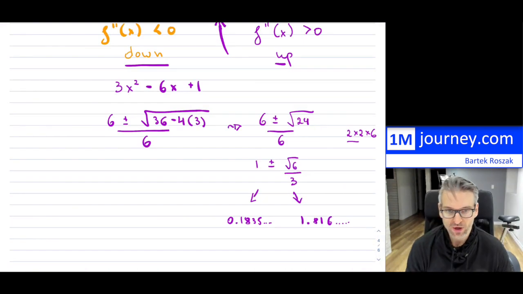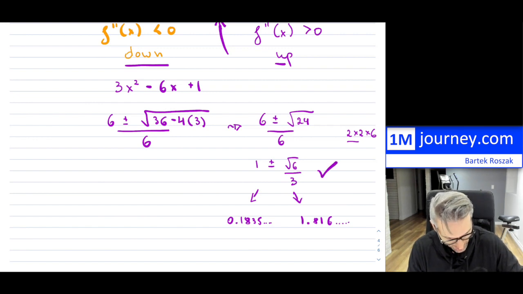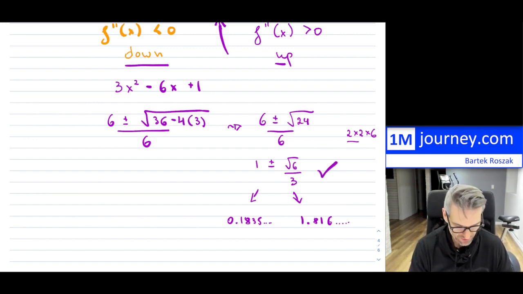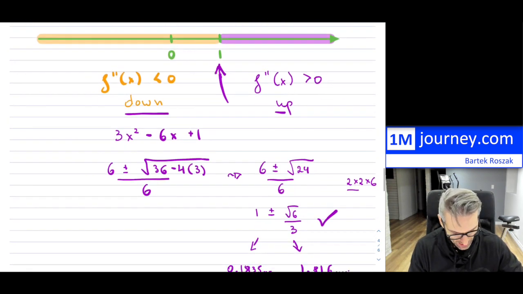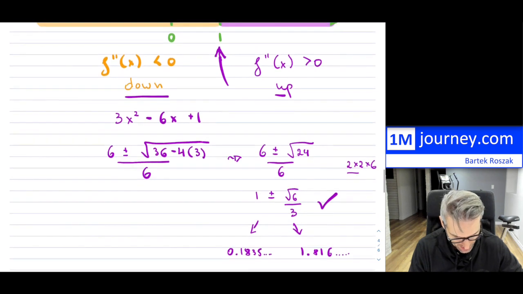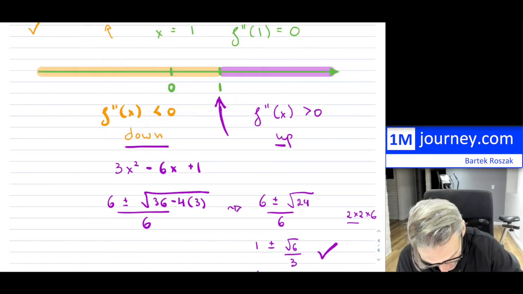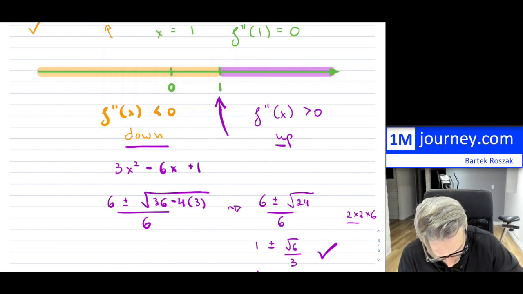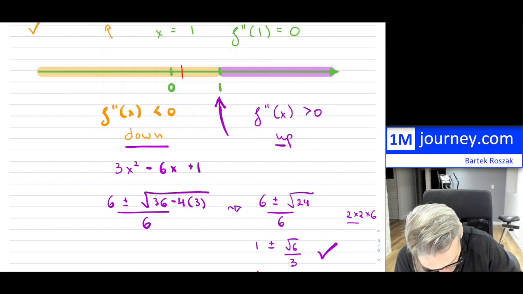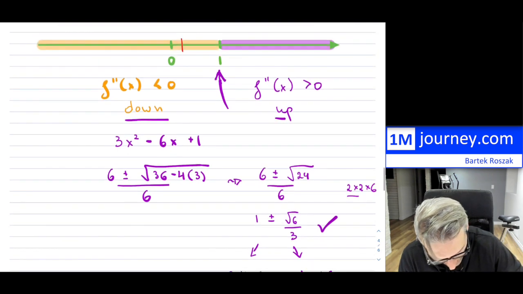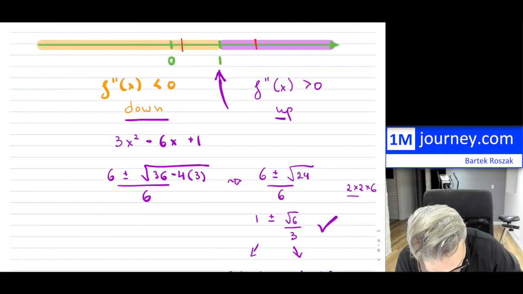All right, so here are the roots right here. They're not the prettiest of roots, that's fine. Now what we would want to do is, we know that the tangent at those two particular points is horizontal. It looks like it is going to be somewhere around 0.18, somewhere over here, and then 1.816, somewhere over here.